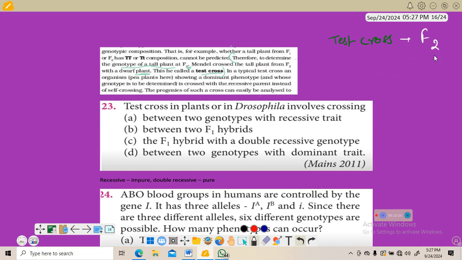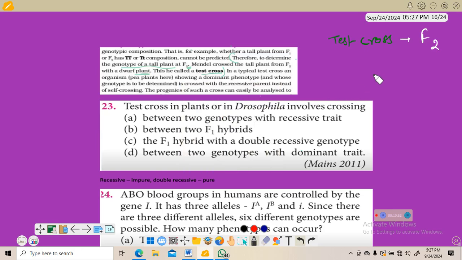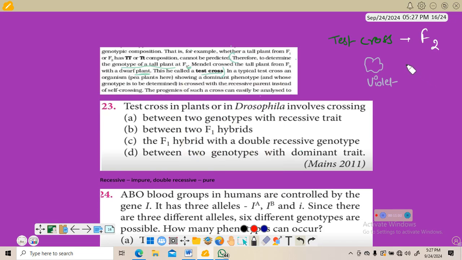Whenever you see the word F2, this is a simple trick. That means they were talking about test cross. Let's say here I have a violet flower, and I am crossing it with the white flower.